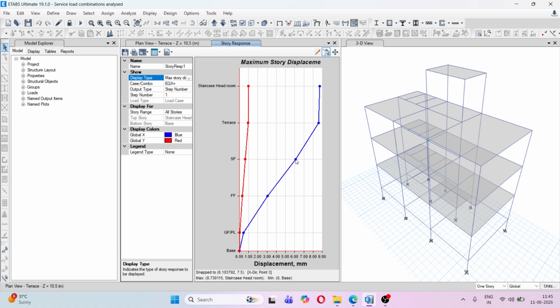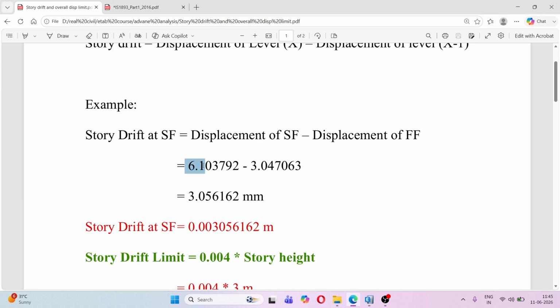So at the second floor, if you put your cursor, the displacement in the left corner you can see 6.103792, and the displacement of the first floor is 3.047063.